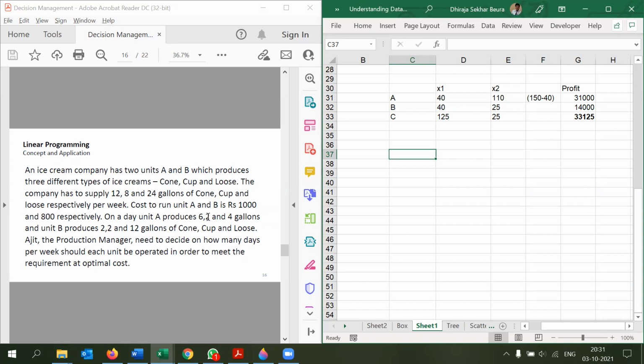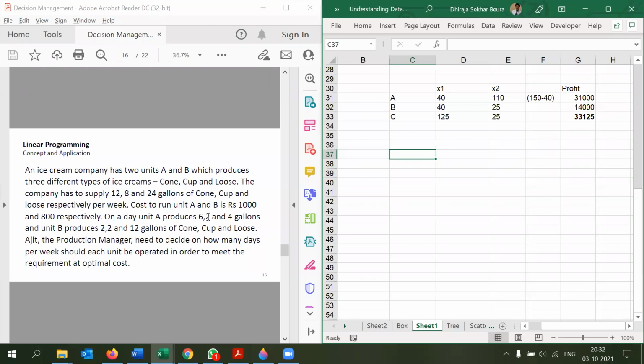That's for a different question, where they produce more than what they are supposed to supply. Sir said sometimes there can be a defective product, so for the example where cone is 12, maybe the outcome of the calculation is 14.